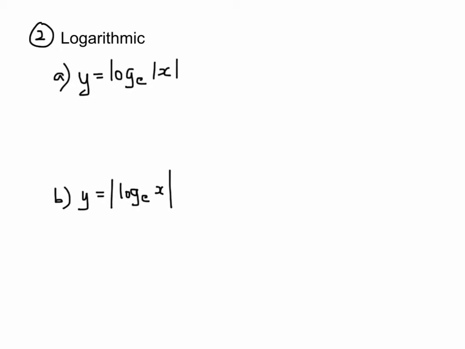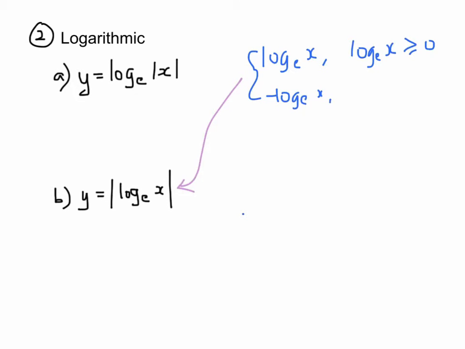Now, there is an alternative way of finding the rule and the inversion and all that sort of stuff for the second case. So let's say you blindly applied the rule where you could split that into two parts. You've got the positive case, where log to the base e of x was positive, and the negative case, where, oh, that's a big x, sorry, the log to the base e of x is negative.